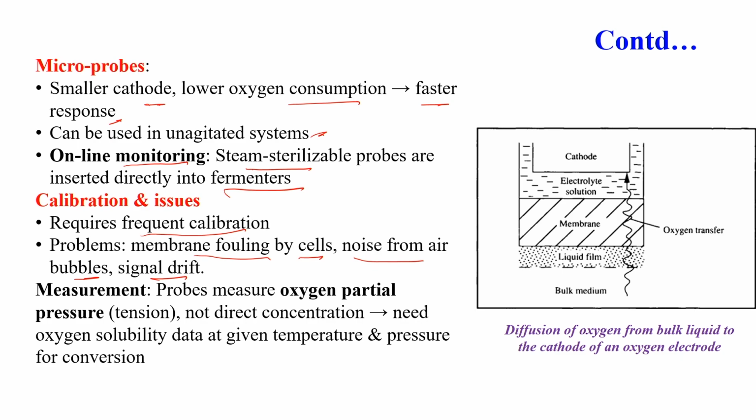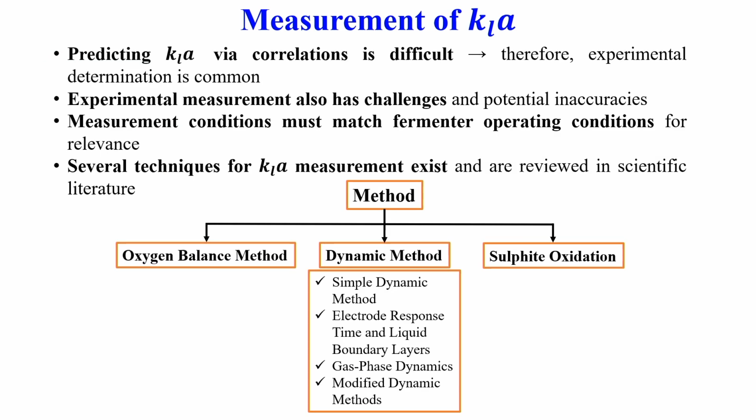As I told, it measures the oxygen partial pressure, not directly the concentration, and partial pressure is further converted to concentration. We need oxygen solubility data at a given temperature and pressure for the conversion. The other option is to follow the gas law, PV equals nRT. Now, there are three different methods to measure KLa experimentally.